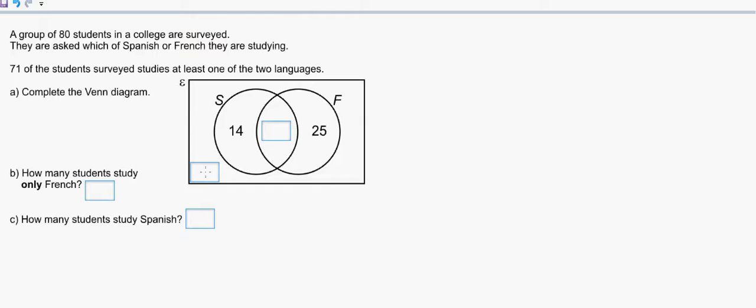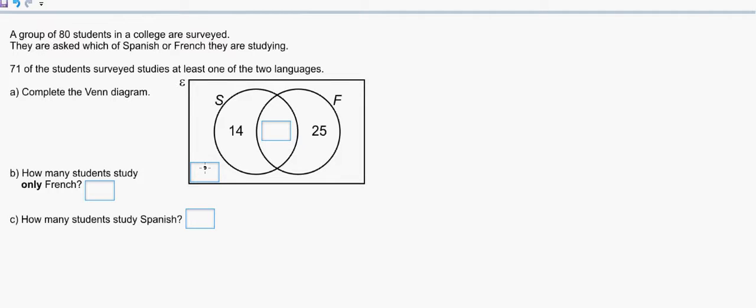So this is just Venn diagrams is just deduction. Okay, so if we have 80 students in total, but 71 study at least one of the two languages, that means 9 aren't studying a language at all.